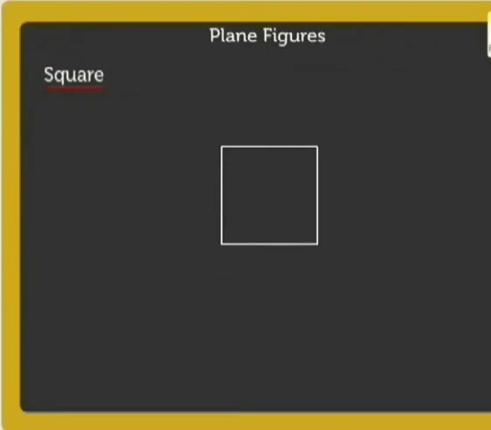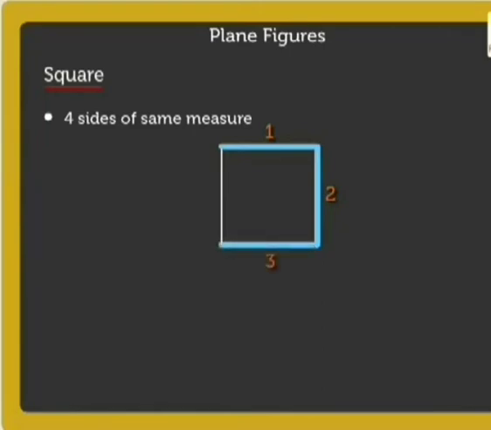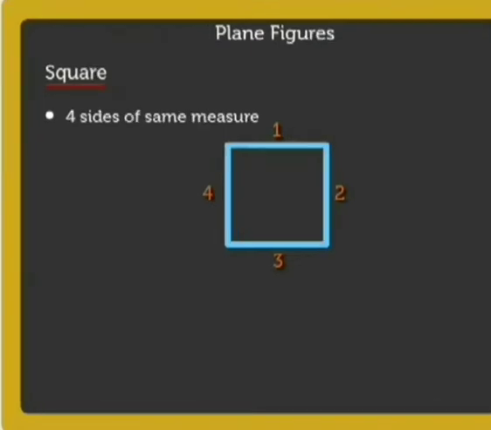Let us move on to the next shape, that is a square. Children, a square has 4 sides, 1, 2, 3 and 4. Children, these are the sides of a square. You know, children, all the sides of a square are equal.